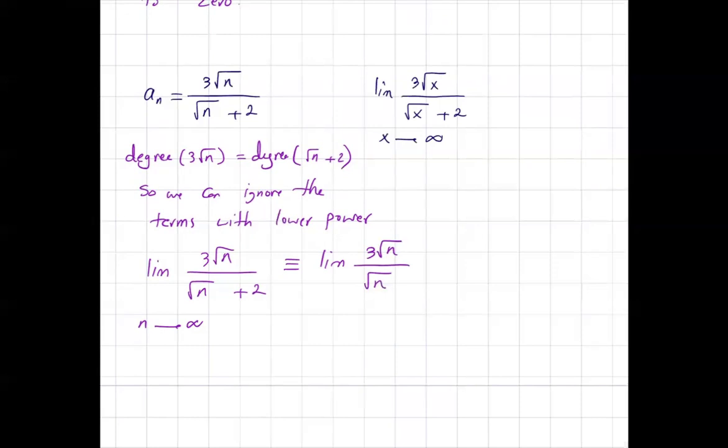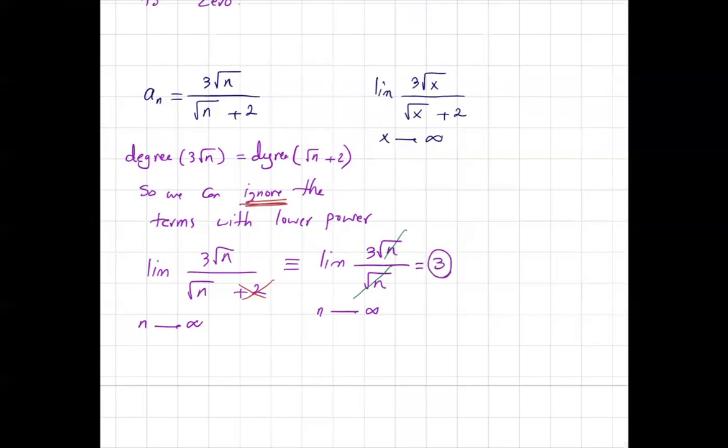You can basically ignore the terms with lower power. And then in calculating the limit as n goes to infinity, you can cancel out square root of n and square root of n. You expect the limit to be equal to 3.